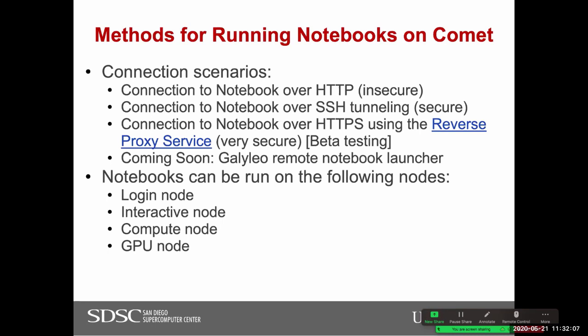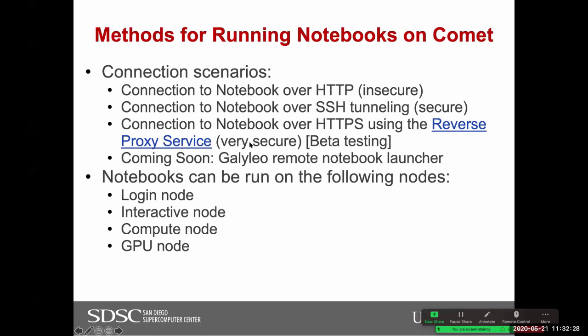So when I say connection to the notebook, that's what I'm talking about. The least secure one is over HTTP. Then you can make it a little more secure with SSH tunneling. It's just inconvenient.